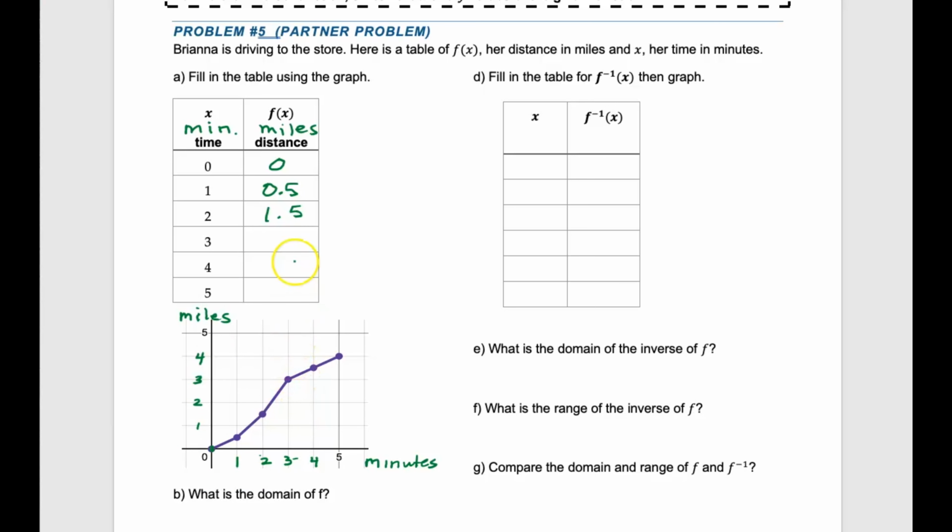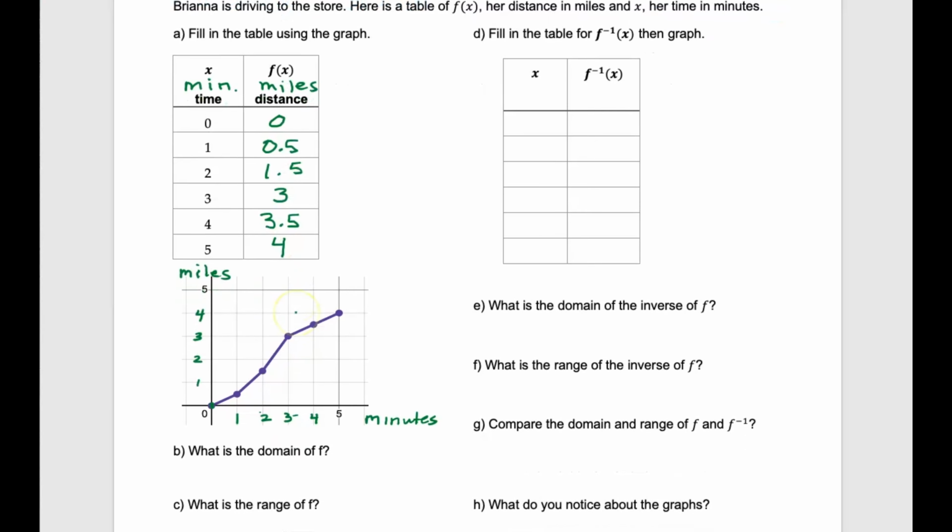At 3 minutes, she will have driven 3 miles. At 4 minutes, she's going to be at 3.5 miles. And at 5 minutes, she will have gone 4 miles.